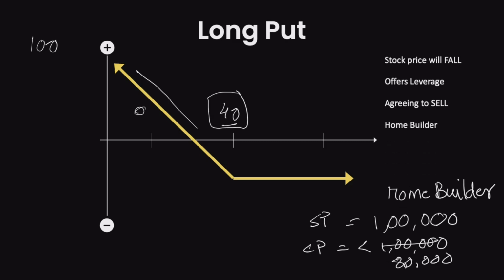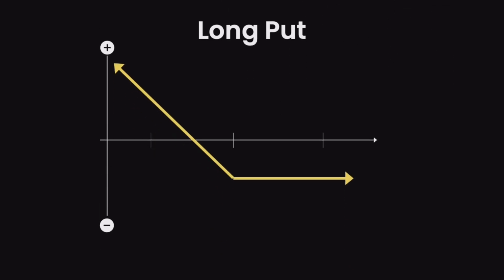You simply purchase a put option with your desired strike price and expiration period. In our example, if the stock price is 40, you might buy an at-the-money 40 strike put. If the stock is trading at 50, then this will become an in-the-money put. And of course, if it is at 30, then it becomes out of the money.